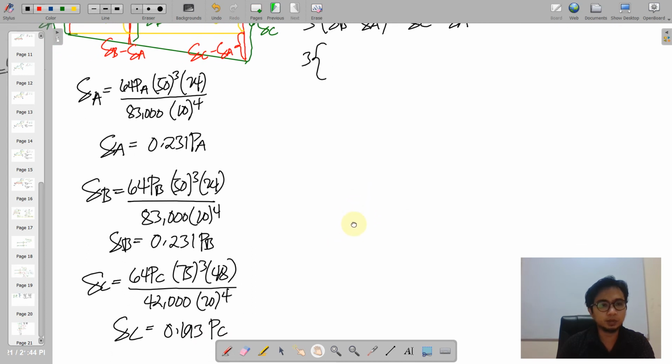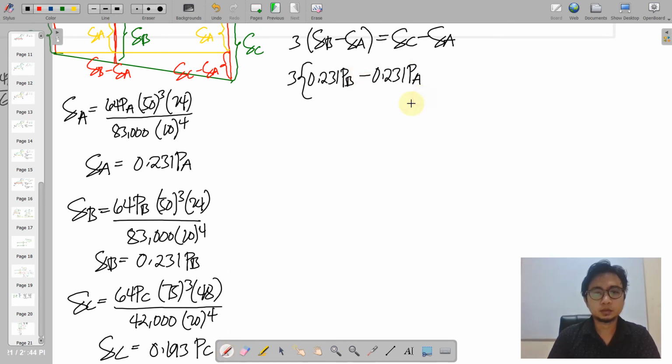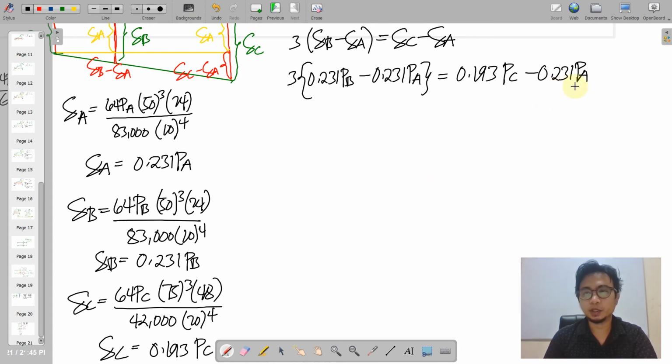So delta B is this one, 0.231 PB, minus 0.231 PA is equal to 0.193 PC less 0.231 PA. Of course, we need to distribute 3 here. Both have 0.693 constant. This is equal to, just copy this.